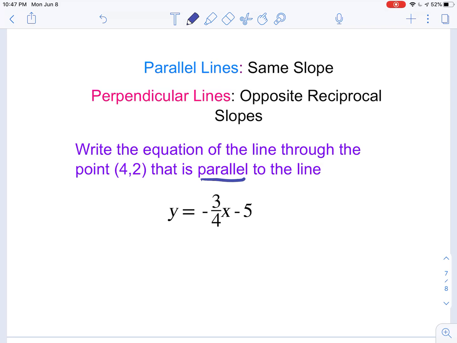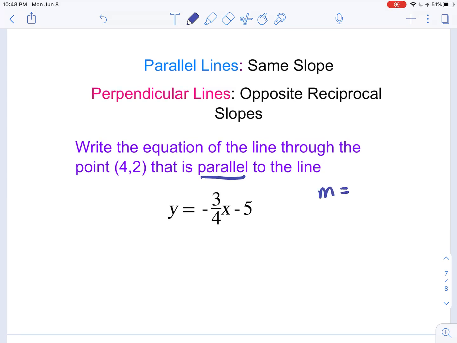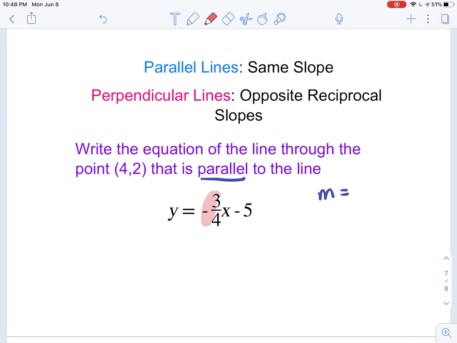So notice anytime they ask you to write an equation, you do need a slope. They don't give you that here. Instead, they give you parallel. That means that I am able to find the slope from the equation that I have. So we see negative 3/4. Since it's parallel, it has to be exactly the same, meaning same sign and same values.